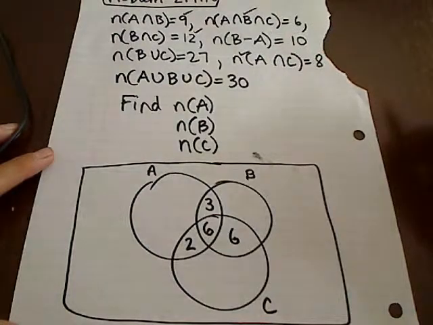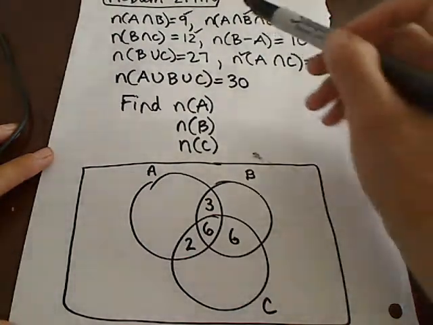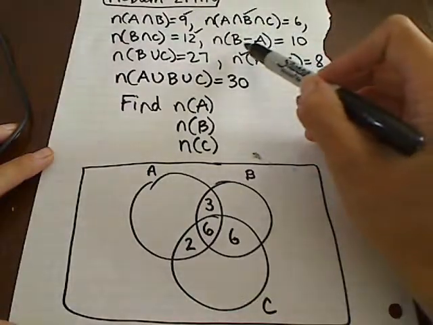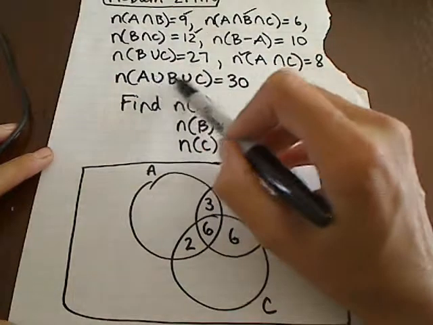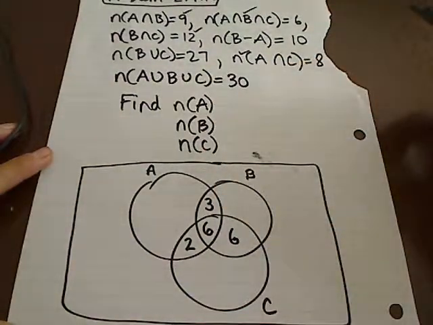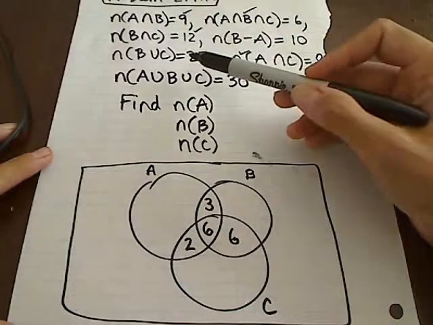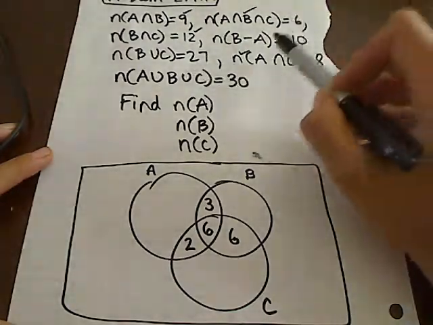The next thing we need to use is this one right here: the number of elements in B minus A is 10. The unions, we don't have enough information yet to use, because there are too many regions without numbers in them. But we can use this.